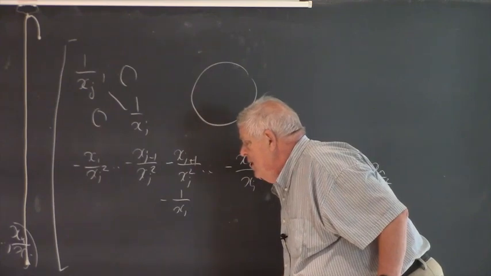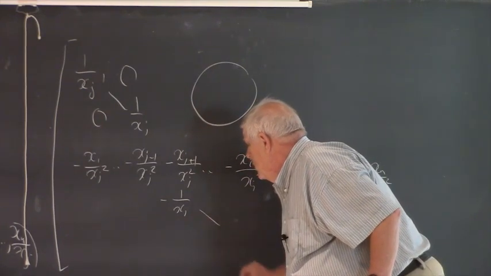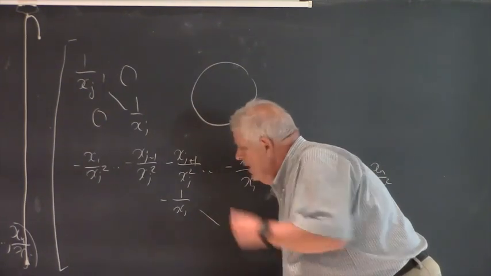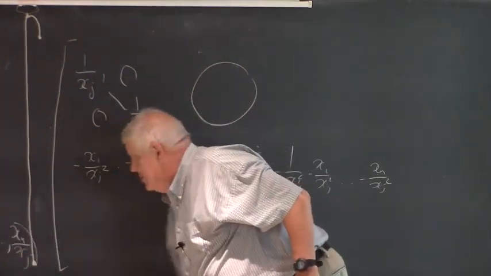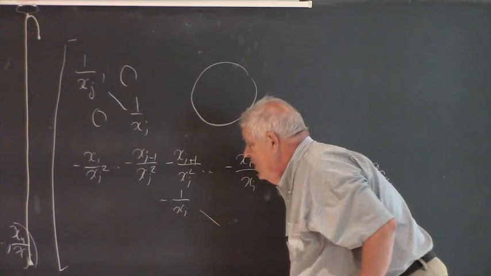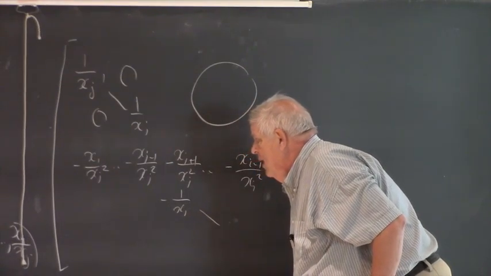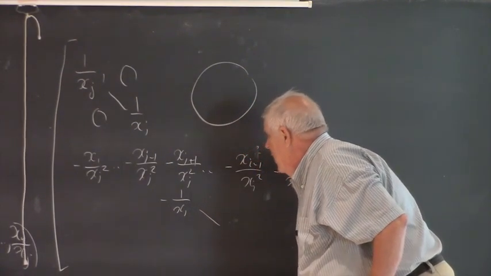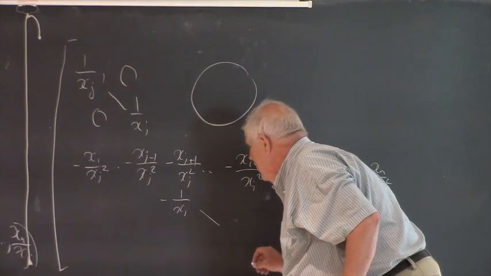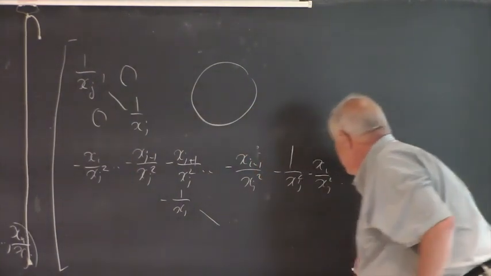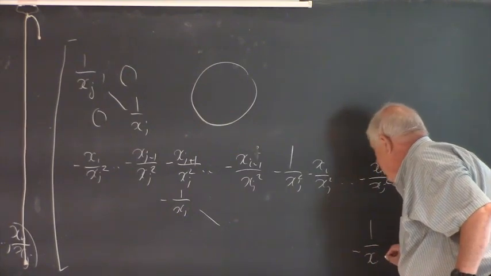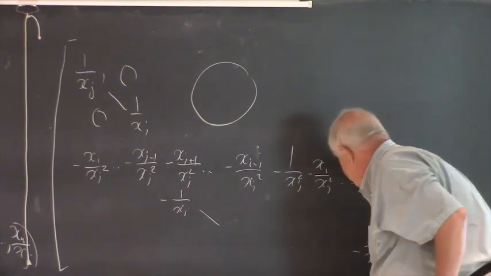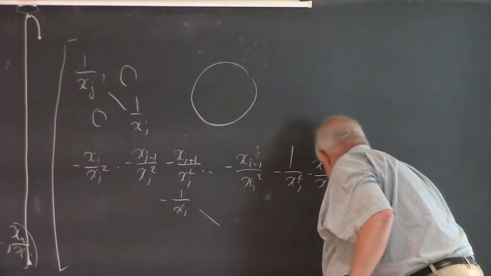And so on, up to some moment, and the last one will be minus 1 over xj squared.